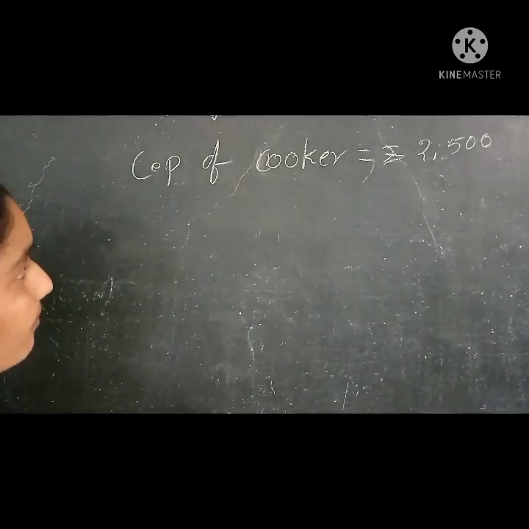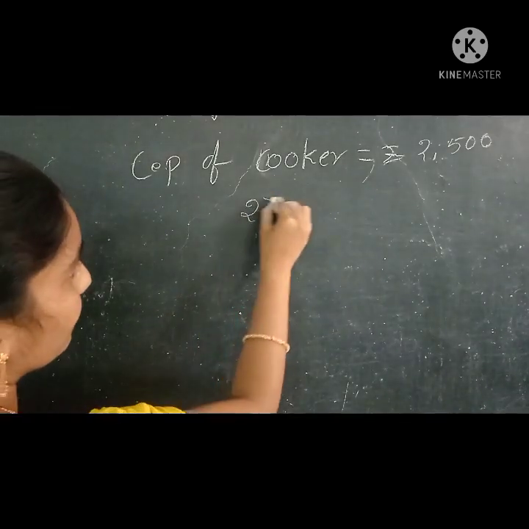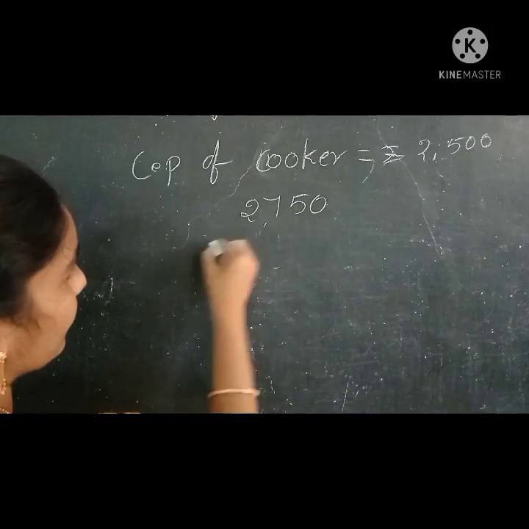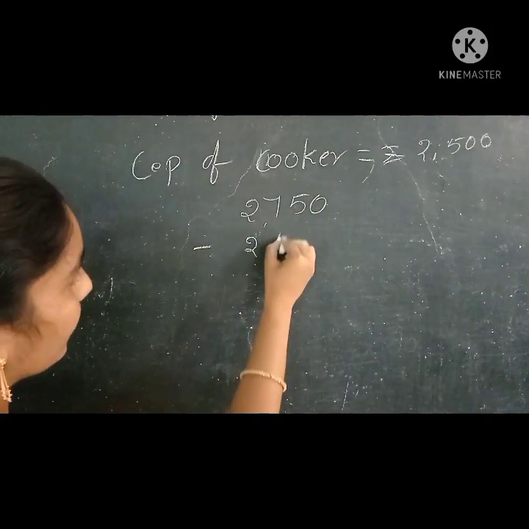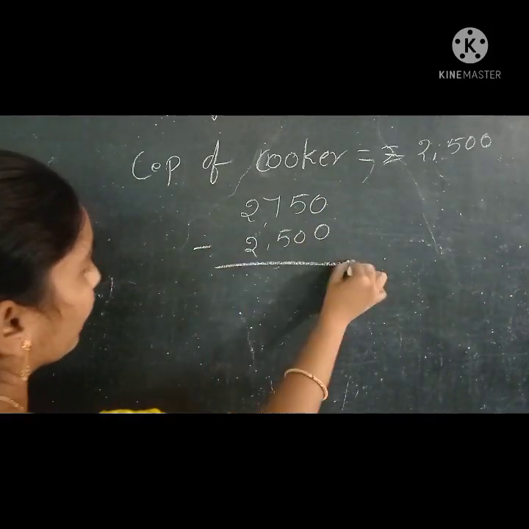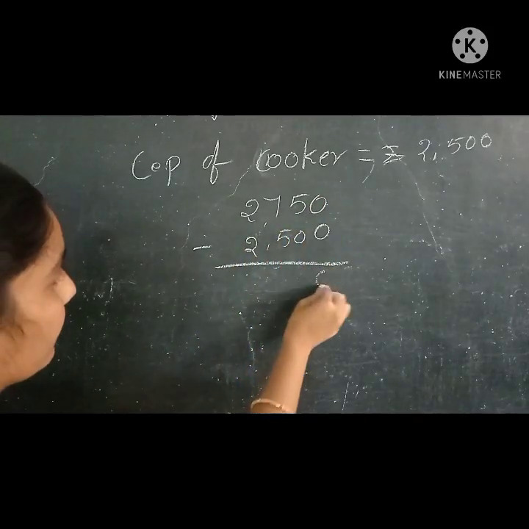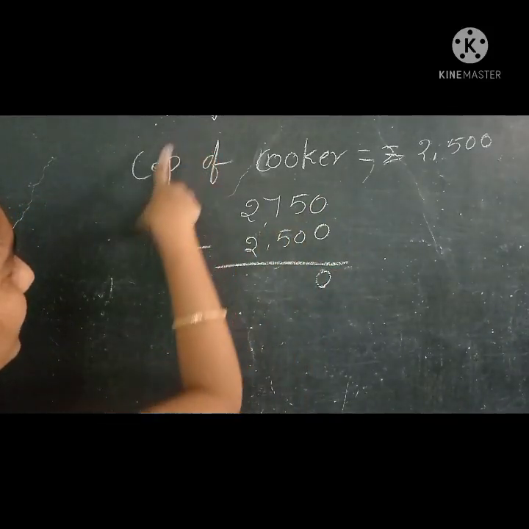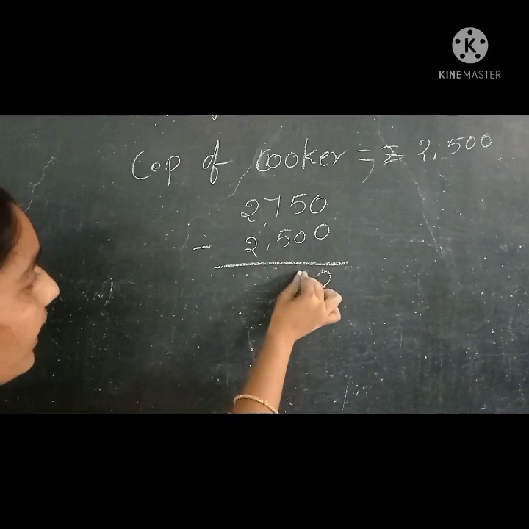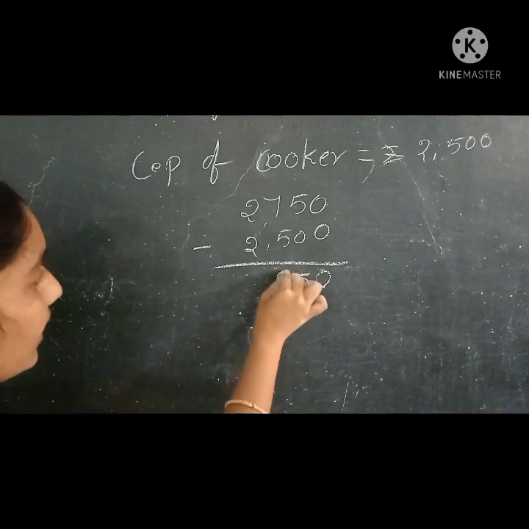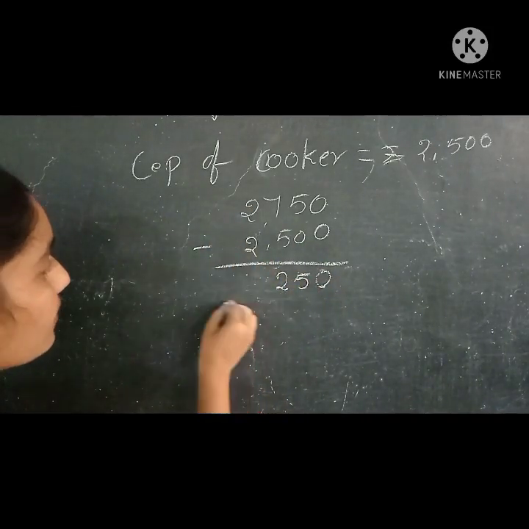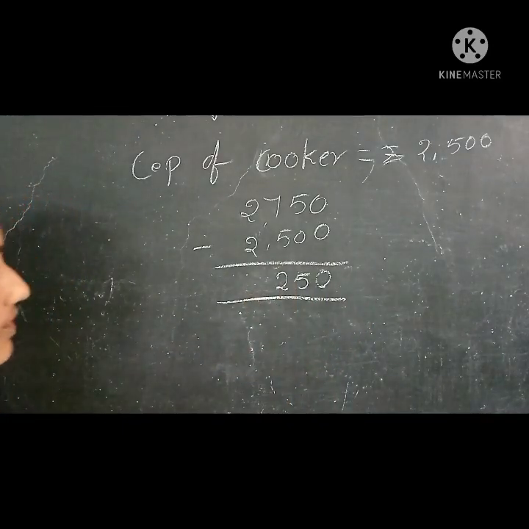So how much rupees of profit? First check 2750 rupees minus 2500 rupees. Do the subtraction. Selling price minus cost price. 7 minus 5, 2, 2 minus 2, 0. So how much rupees of profit? 250 rupees.